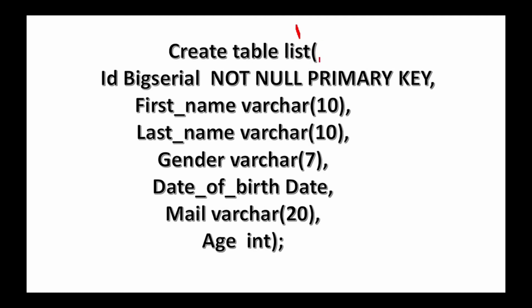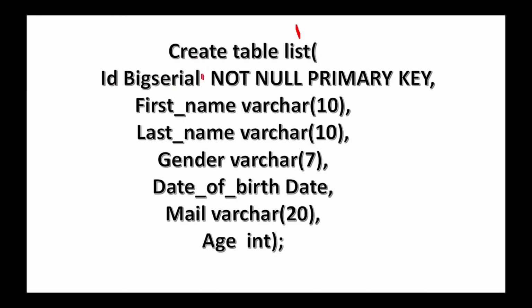This is an opening bracket. Then after that, we have an ID name. We are going to have an ID name. Big serial automatically updates, so each time you add new data it increases. So if it starts with 1, next time you add another data it increases to 2.